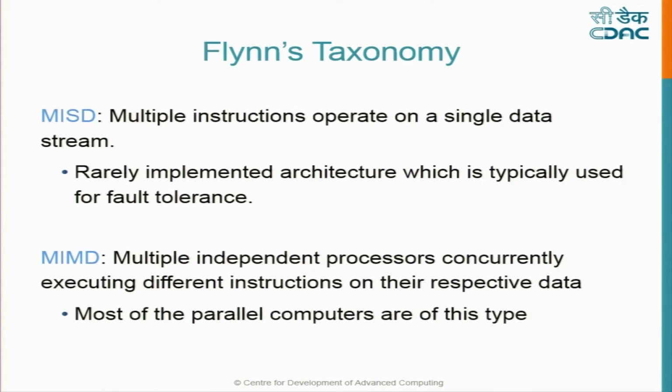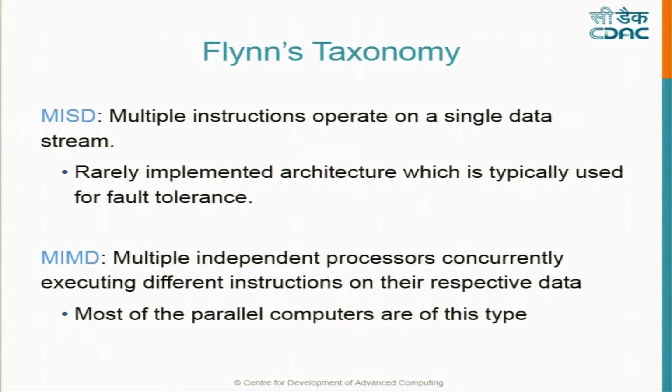Then comes multiple instructions operating on a single data. This architecture is rarely implemented, because if multiple instructions are operating on the same data, they are going to produce the same result. So there is not much fun in it, but they are used for fault tolerance.